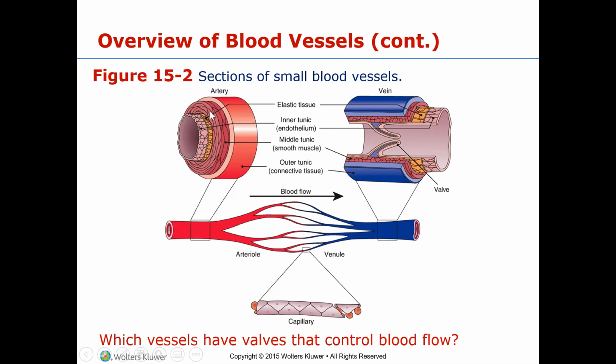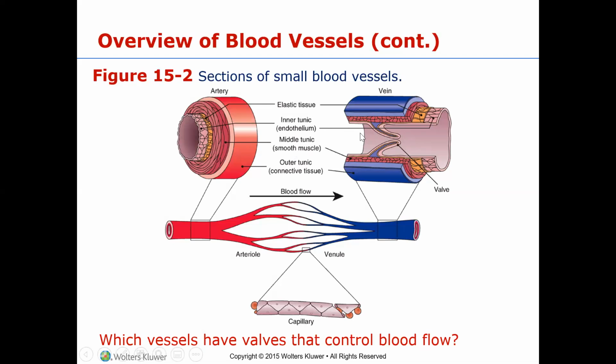The middle tunic of the arteries is much more capable of carrying out vasodilation and vasoconstriction. So that smooth muscle has to be thicker in the arteries than in the veins. One of the other differences is that the veins are carrying blood back to the heart, so it has to be a one-way flow.